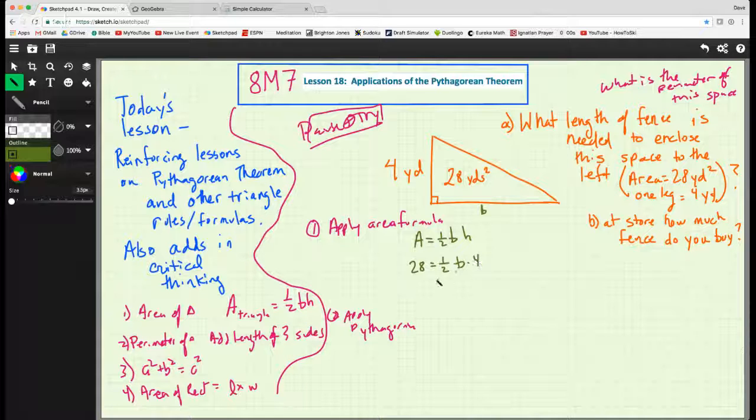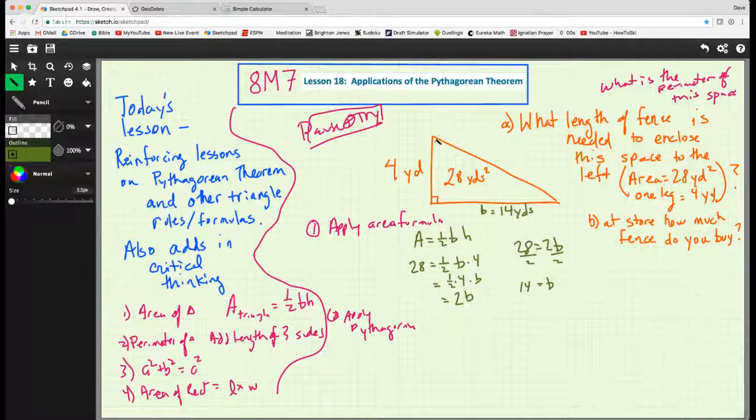Half of base times 4 can be rewritten as a half of 4 times the base using commutativity. We can multiply in any order, so that equals 2 times the base. If 28 equals 2 times the base, divide both sides by 2, and we get the base equals 14. So the base is 14 yards.